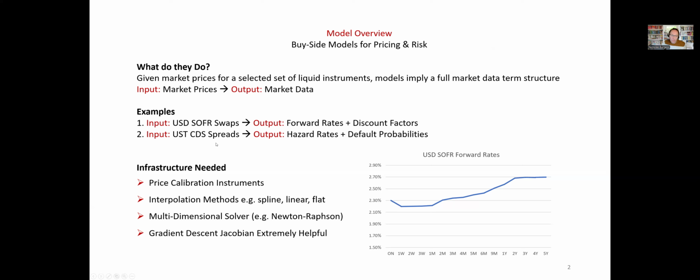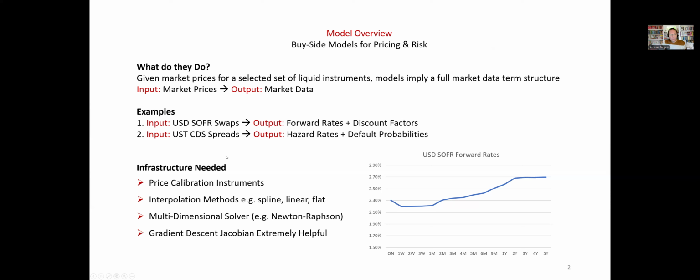So I can work out the probability of receiving my cash flows on my CDS. So that's the credit model. Two different models, two different outputs. The US dollar SOFR yield curve would give me back interest rate forwards and discount factors, and then a credit model would give me back hazard rates and default probabilities for credit product pricing.